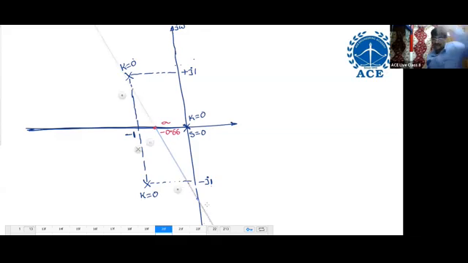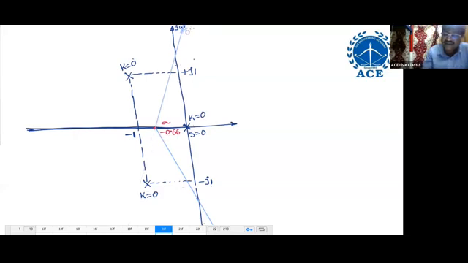This is the angle of how much? 300. Next to draw 60 degrees. Actually you have to draw by using a protractor. In the exam, if it is IES conventional, you have to draw by using a protractor. For objective, it is not required. So now this is the 60 degrees.